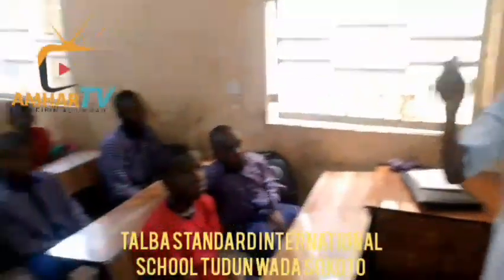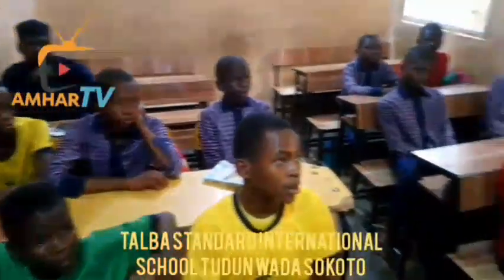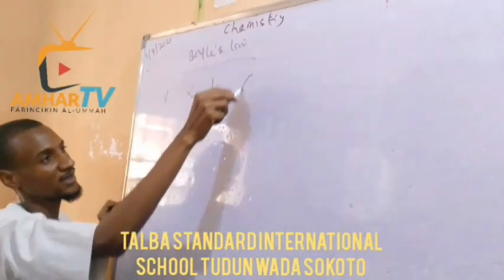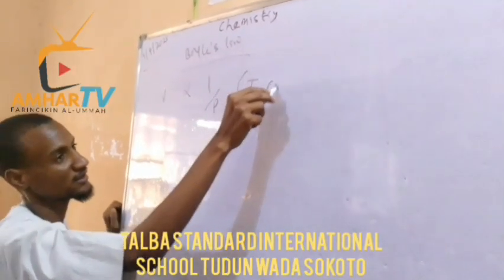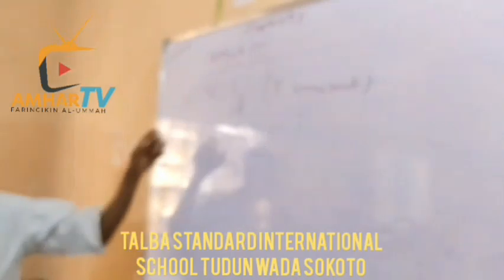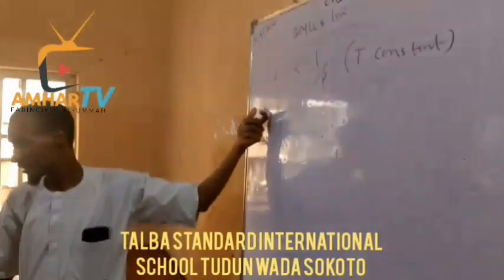Boyle's law states that the volume of a given mass of a gas is inversely proportional to pressure, provided that temperature remains constant.